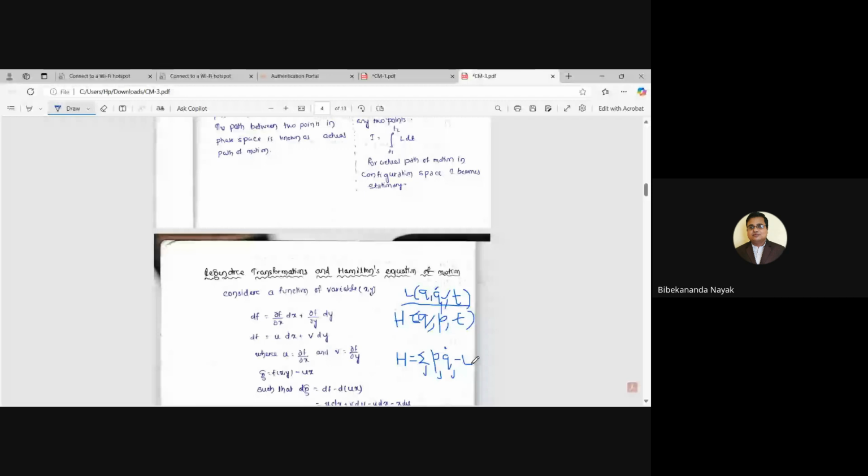Lagrangian is a function of q dot. Hamiltonian is a function of q and p. The relation H equals pj qj dot minus L is what actually changes between Lagrangian and Hamiltonian, where the variable qj dot is replaced by pj. That type of transformation is known as Legendre transformation.